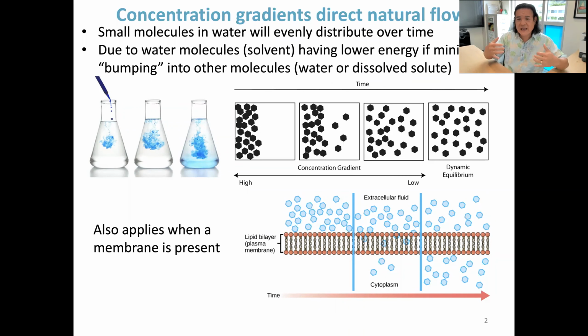So that would just be the natural tendency if we just allowed this process to happen purely by diffusion. Right? And it assumes a couple of things. One, that there are no necessarily charges involved here, positive and negative charges that might interfere with the way that the molecules move.